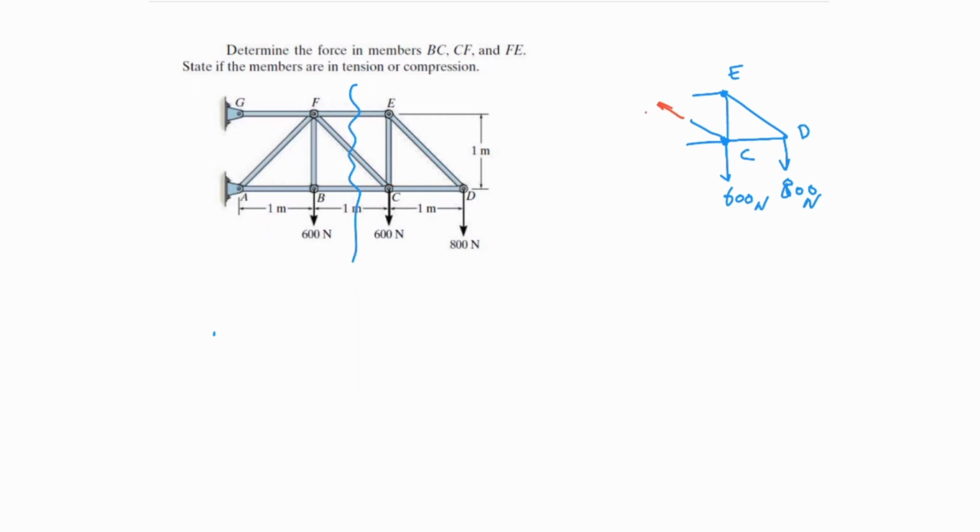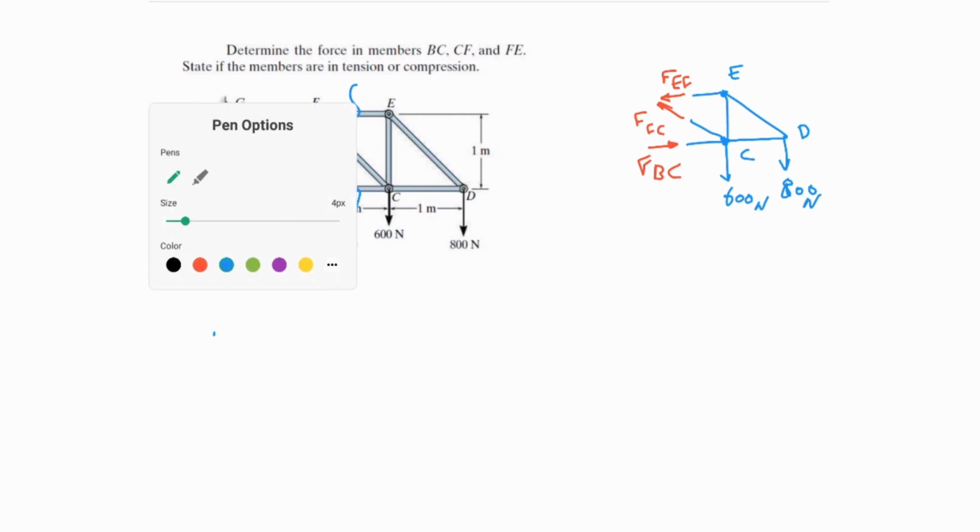I put this guy like this and name it F of FC, and I put this guy like this, and that would be F EF, and this guy like this, and F BC. And start to write down the equations.